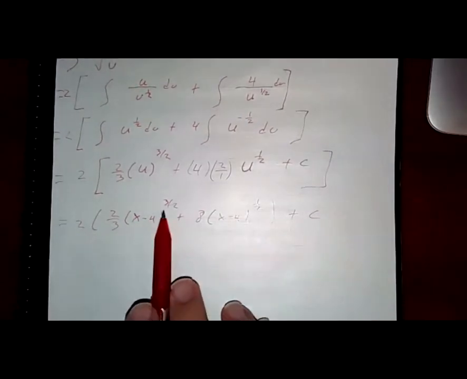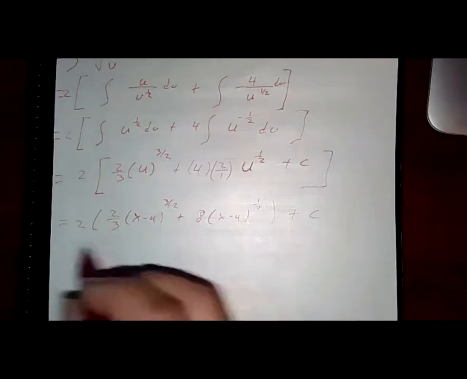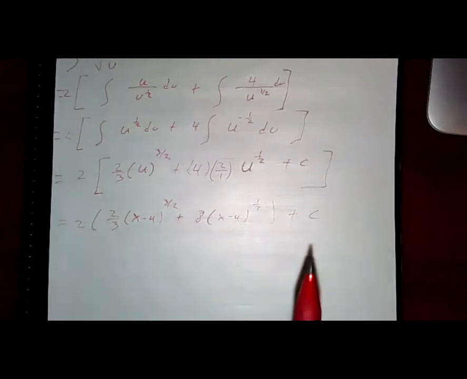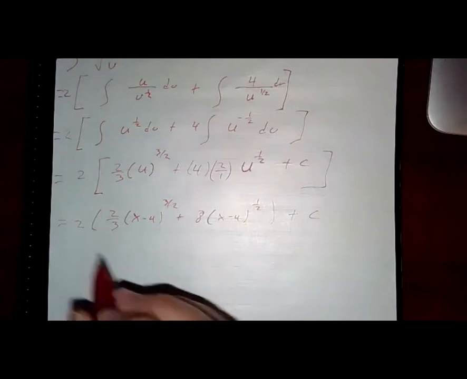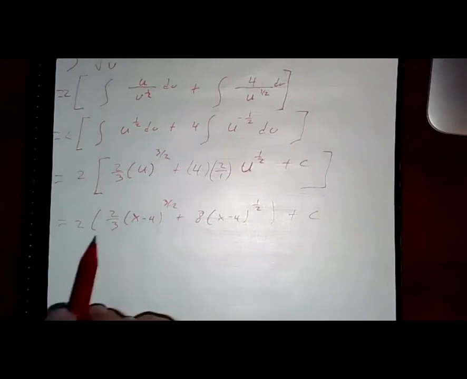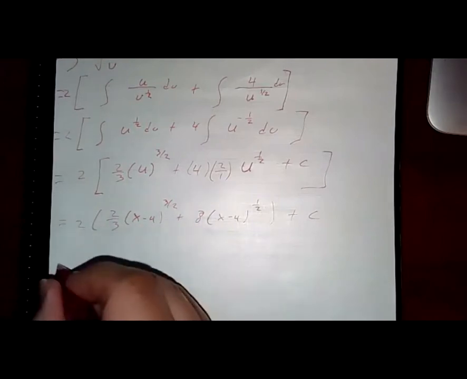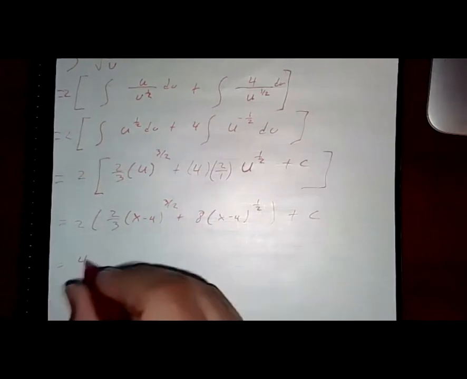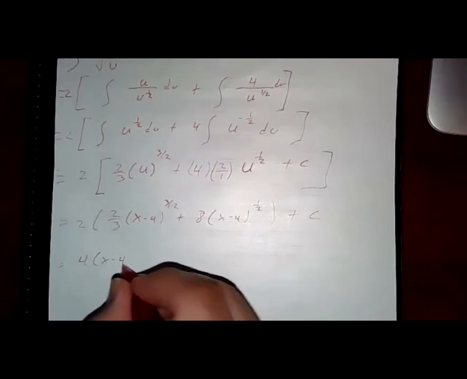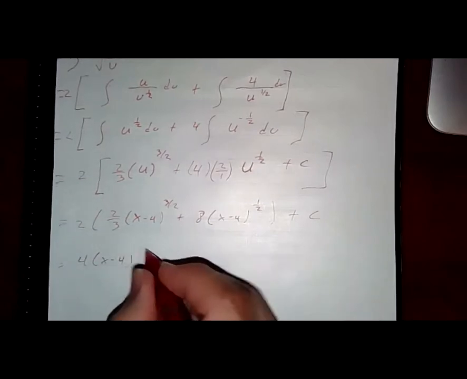plus c. Now they both have a 1/2 power in common, so I can pull that in front and multiply this 2 out. I can also pull out 2 from these, which would be like I pulled out a 4. So this would be equal to 4 times x minus 4 to the 1/2.